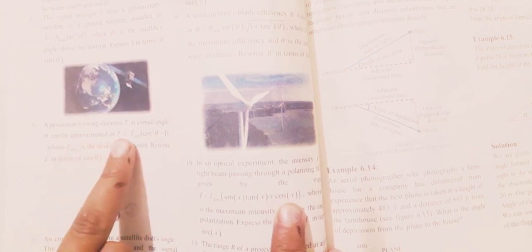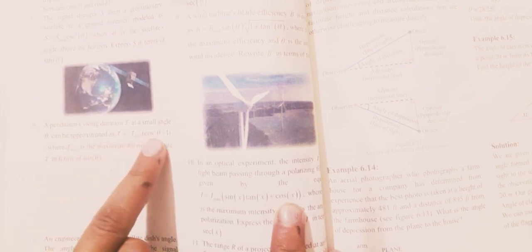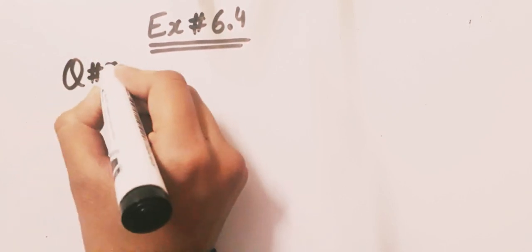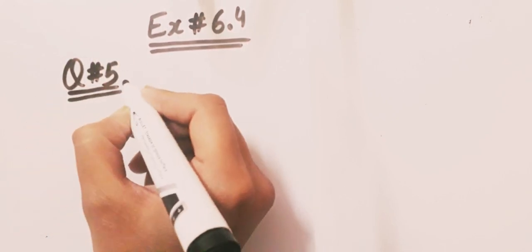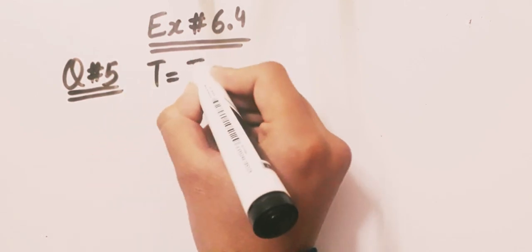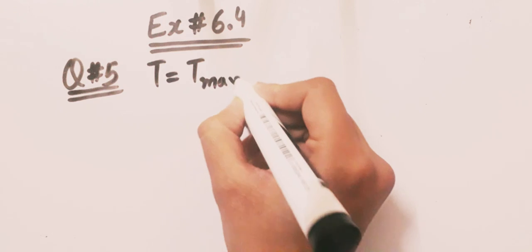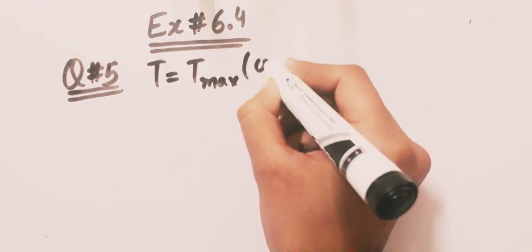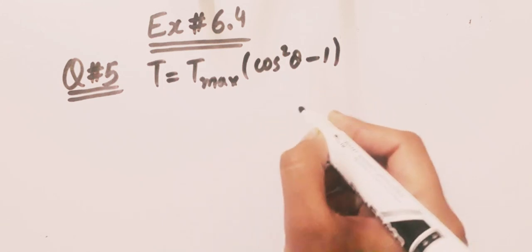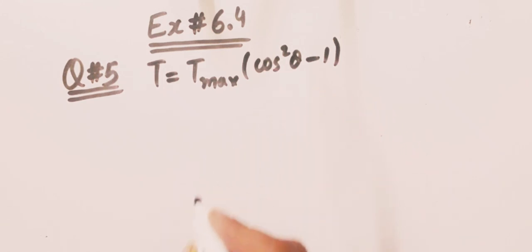We have the equation t is equal to t maximum cos square theta minus 1. You have to convert this equation in terms of sine theta.